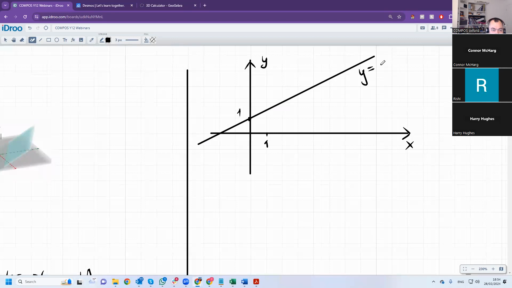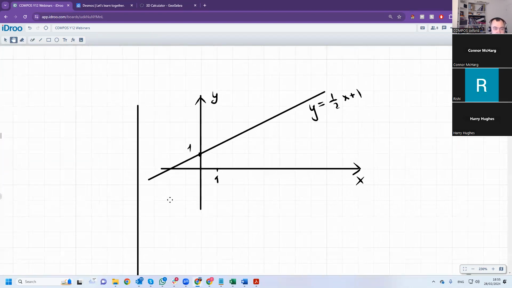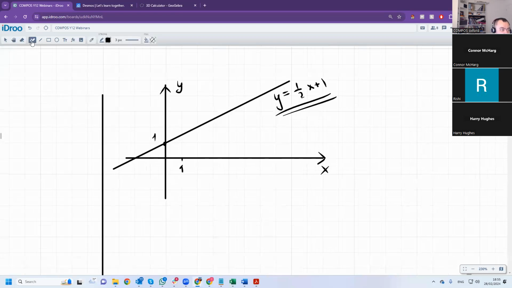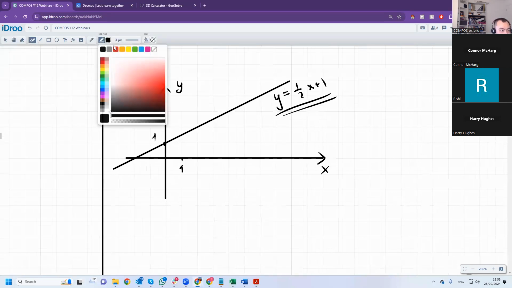It's 1/2 x plus 1. This is the equation that we know, but that's the Cartesian equation, the slope-intercept form.